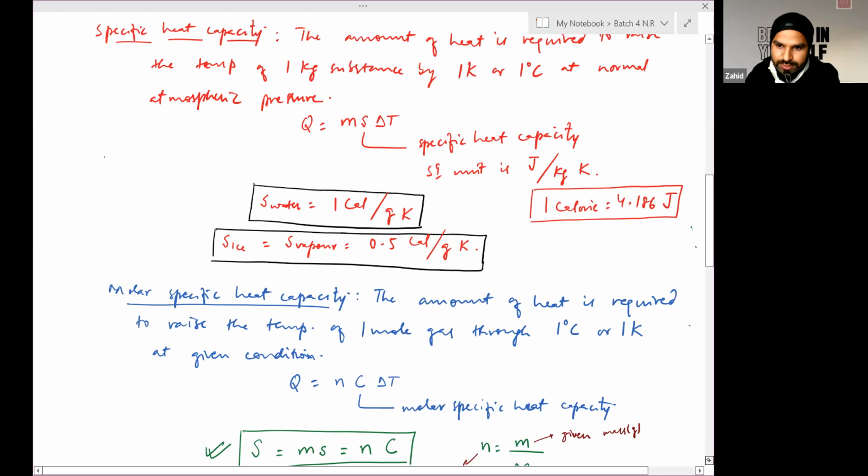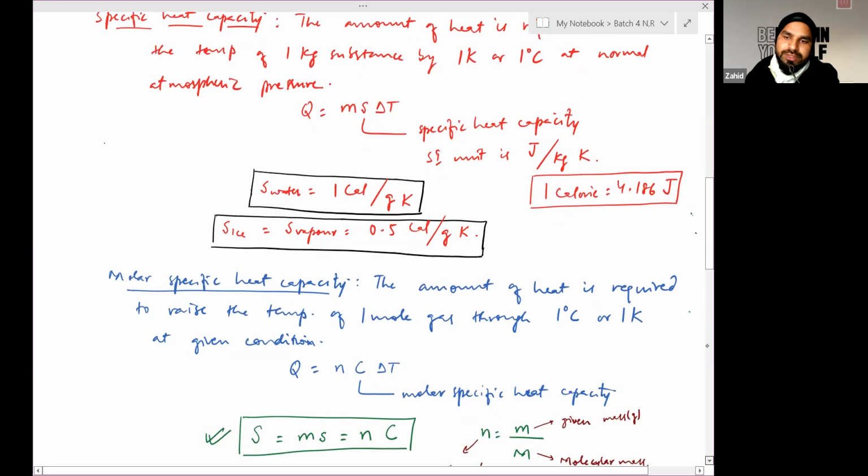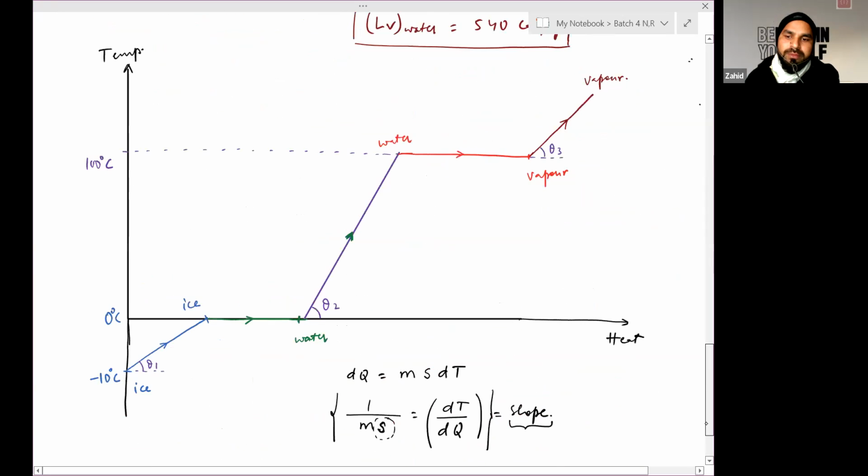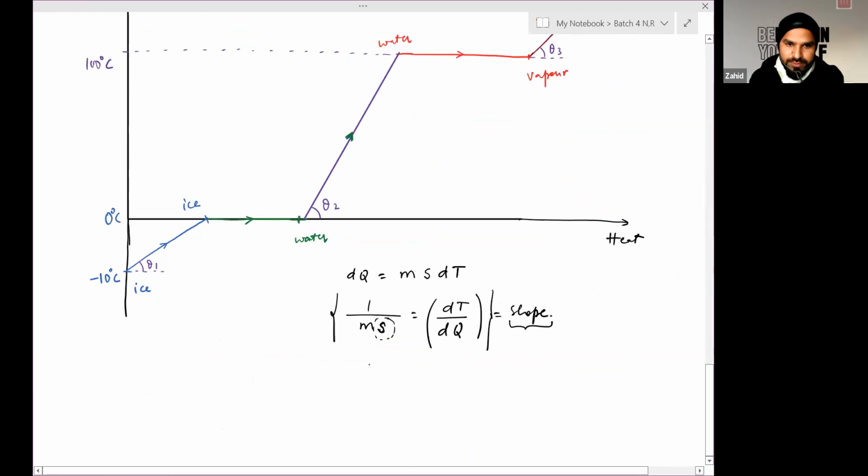So we can conclude theta 1 and theta 3 should be equal to each other and greater than theta 2. So we can write: since the specific heat capacity of ice equals the specific heat capacity of vapor and is smaller compared to water, therefore theta 1 and theta 3 are equal and greater than theta 2.